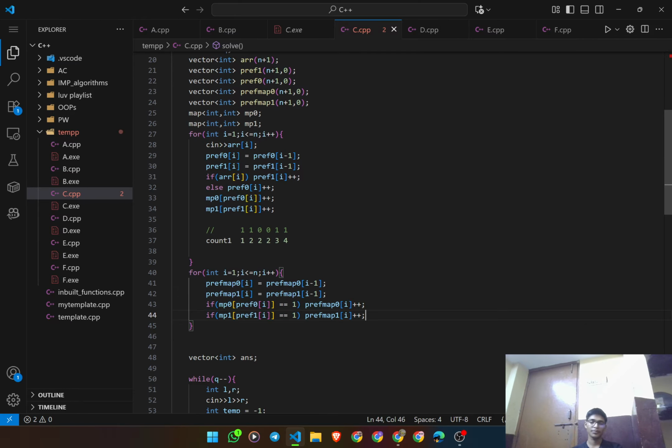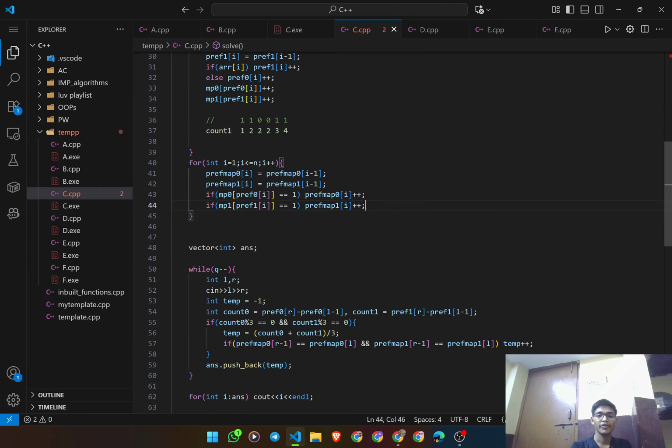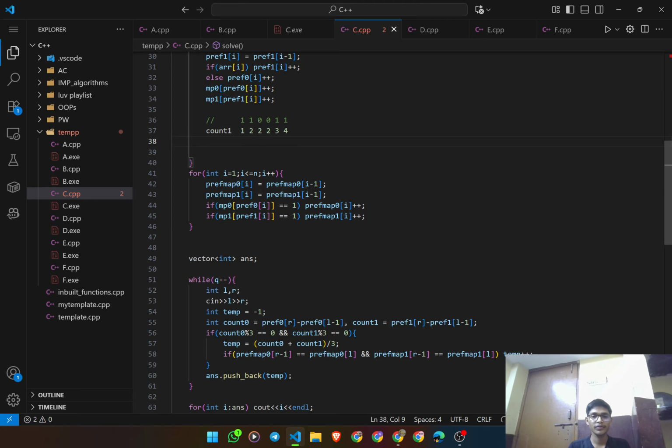Okay, map. So this is the prefix map, where we are storing them, and if its count is 1 only, we are counting it like a prefix map. So the prefix map of 1 is counting this.